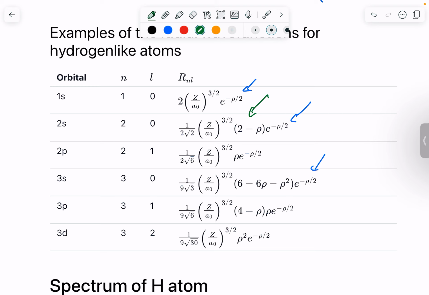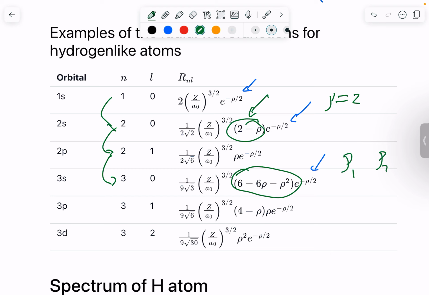As you go to higher and higher quantum numbers, you're going to get more and more nodes. For instance, this one is going to have a node where rho is equal to 2, and this one is going to have 2 roots, rho 1, rho 2, etc. You're going to keep adding more nodes, increasing by 1. It's a similar picture to what we've seen in other quantum problems.